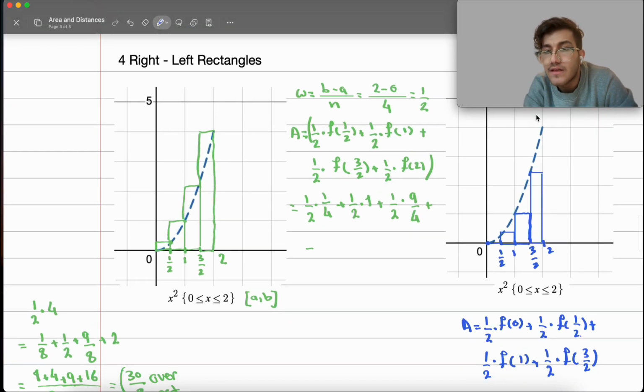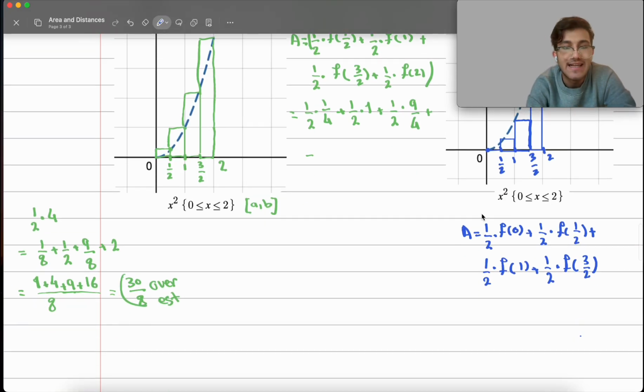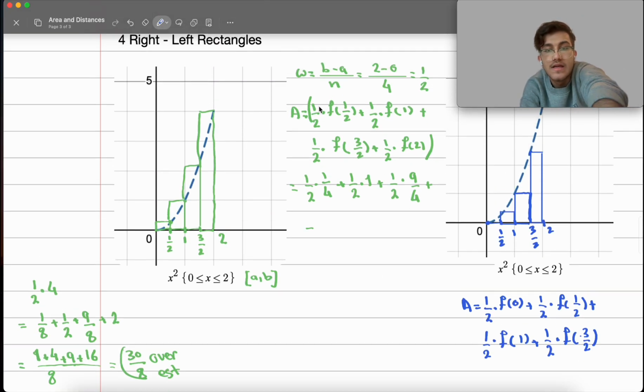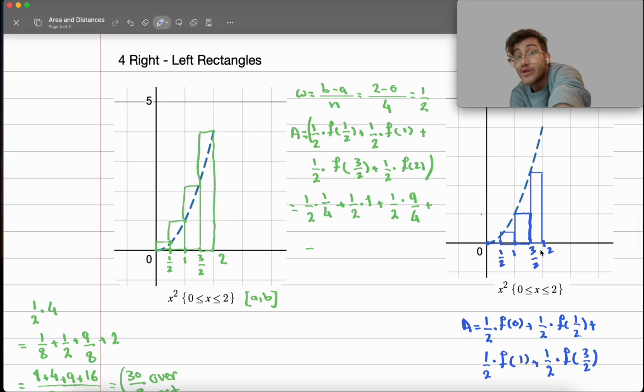Do we have any rectangle on f of 2? No, we don't. This is the difference between right and left. We started here from 1 over 2 up to 2, but now we started from 0 up to 3 over 2.